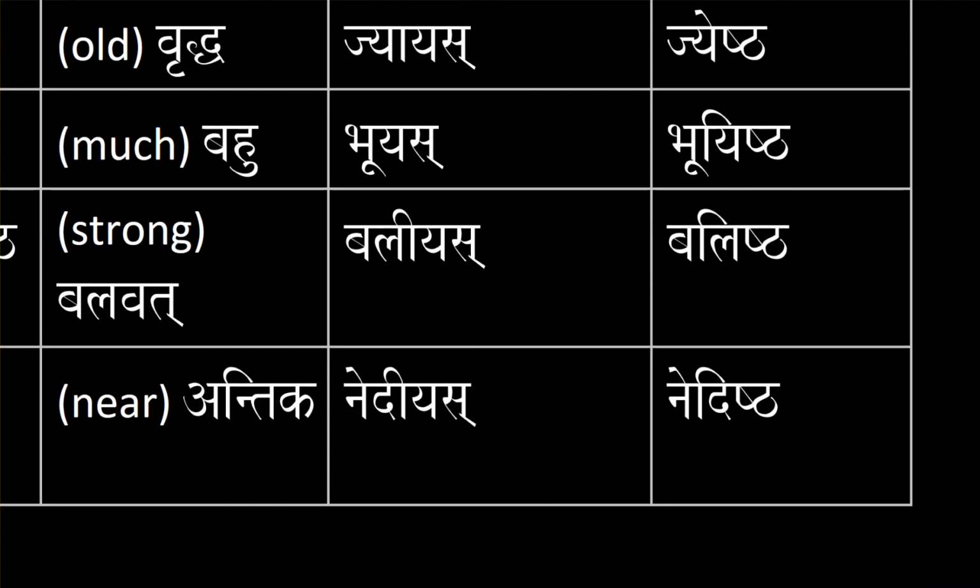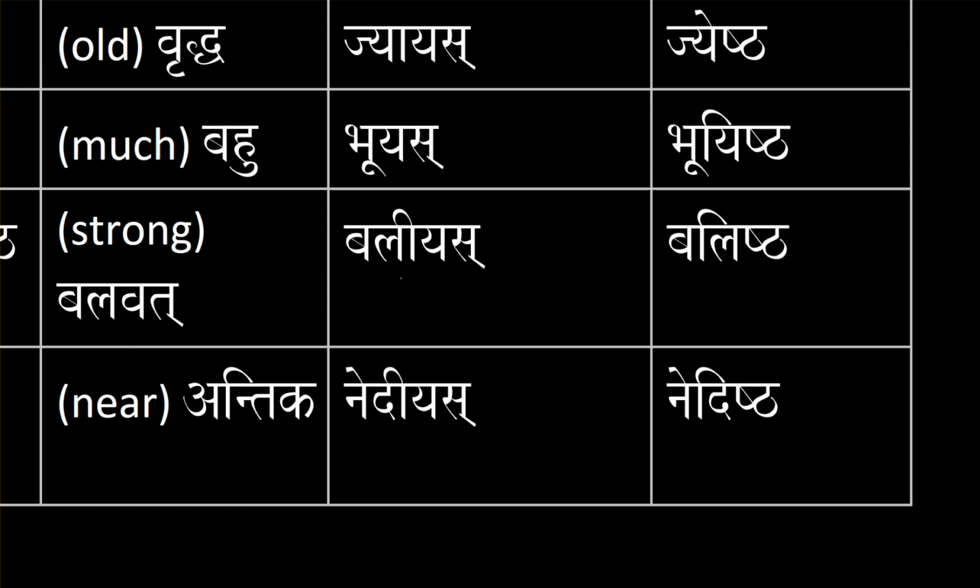And then for comparative and superlative, that would basically be the words more and most. More would be bhuyas, and then most would be bhuyishtha. The word for strong in Sanskrit is balavat.